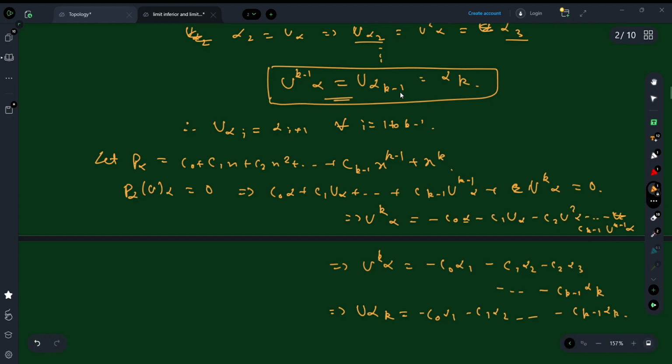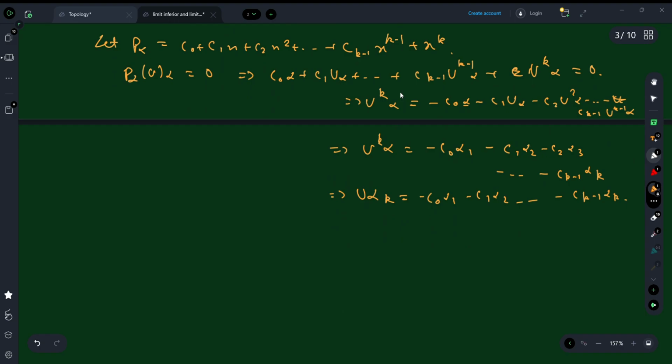Okay. So therefore, the statement which I was going to write is that we have U of alpha i equal to alpha i plus 1 for all i equal to 1 to k minus 1. This is statement 1.